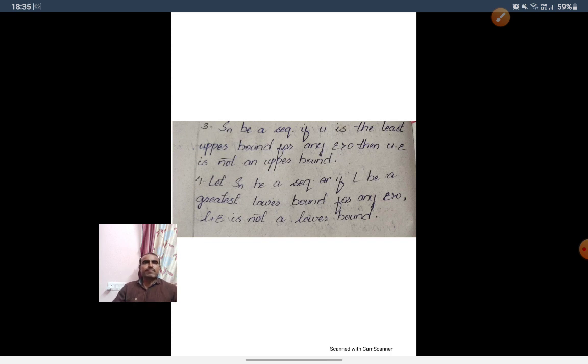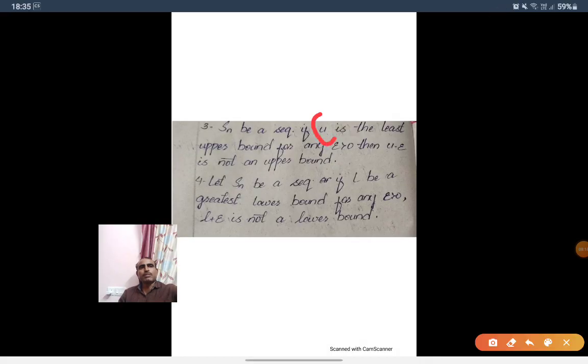That's why I write this. If u is the least upper bound, that is the supremum, then for epsilon greater than 0, u minus epsilon, which is less than u, is not an upper bound, right?